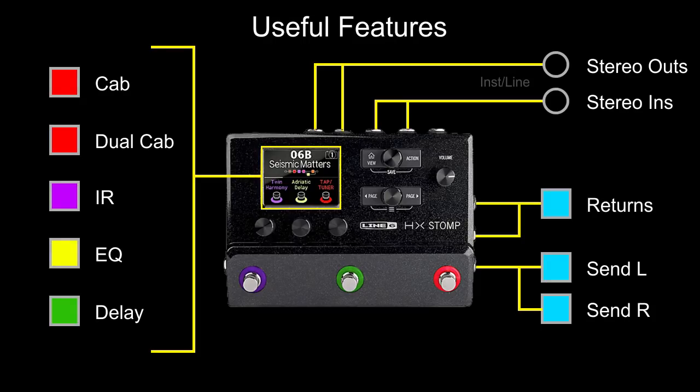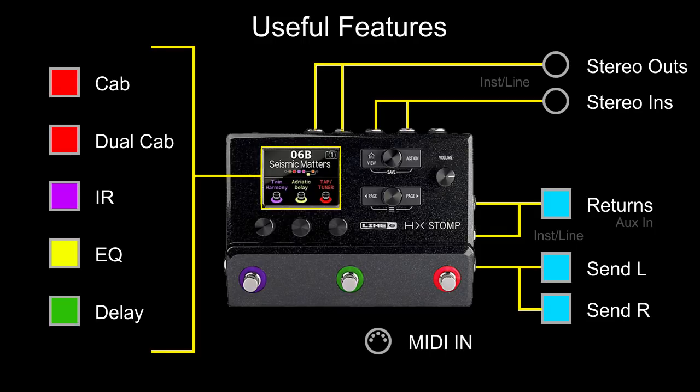The stereo returns are a feature I find very little to compare to in other devices. I'm not even sure myself how a person might want to use these, but they also come with the same power that the sends have of being able to be placed anywhere in the internal signal routing. All of the sends and returns can be configured as either instrument or line level. The returns also have a mode to use them as unprocessed auxiliary ends.